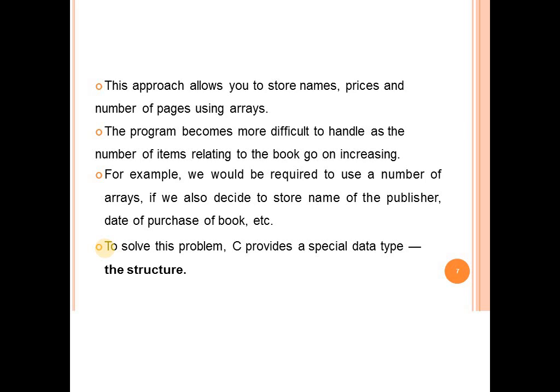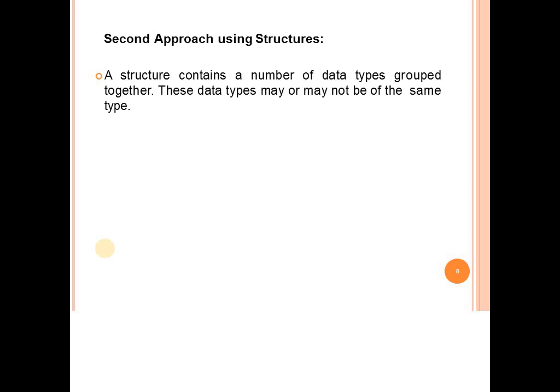If you want to store the name of the publisher, date of purchase of the book, then publication year, like this, then definitely the number of arrays is going to increase and it creates a problem to handle them. To solve this problem, C programming has given us a special data type, and that data type is our structure. So our further journey will start here to demonstrate the structure as a data type in your C language.